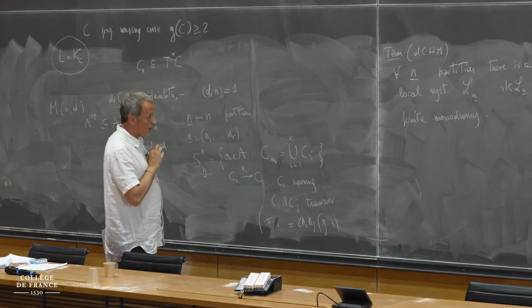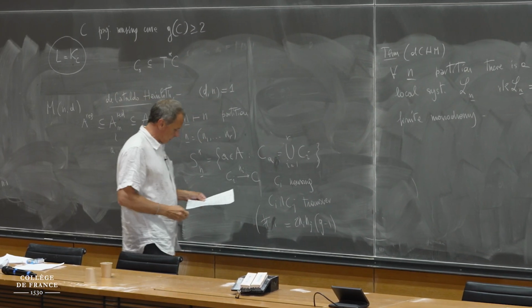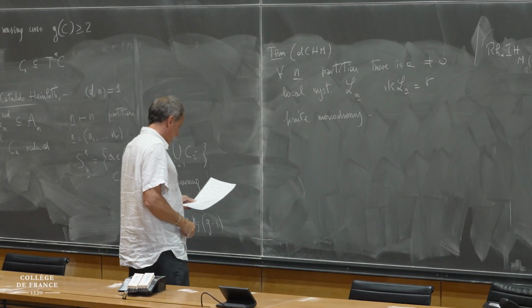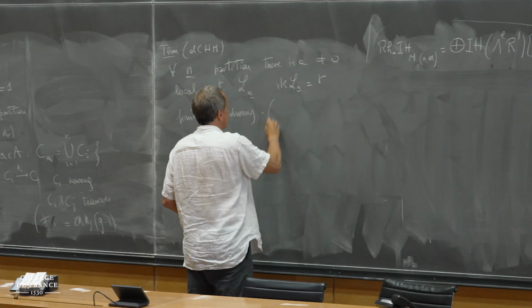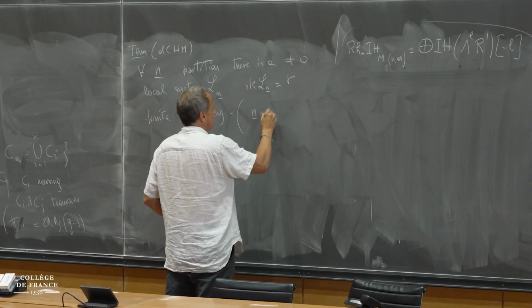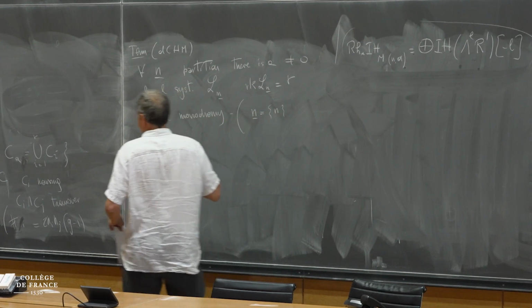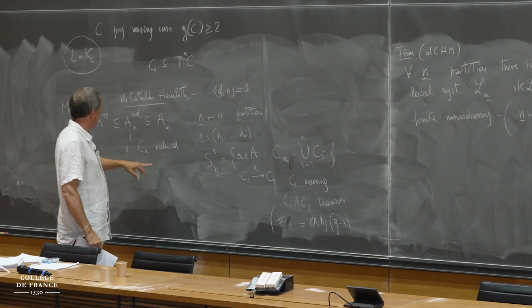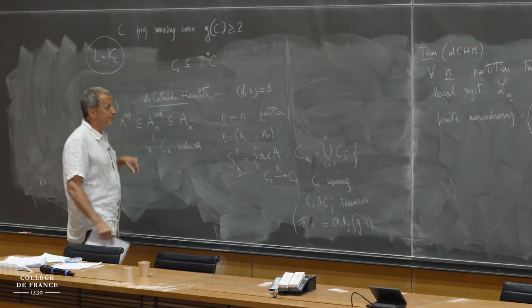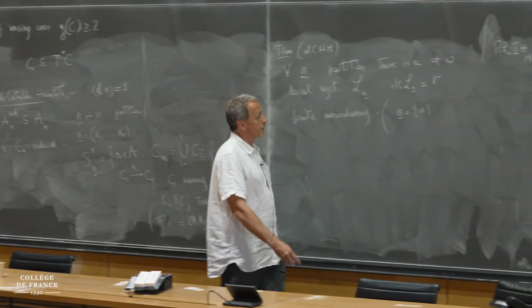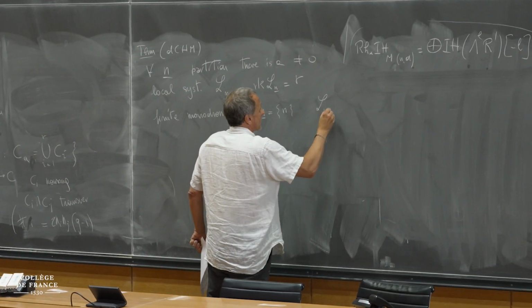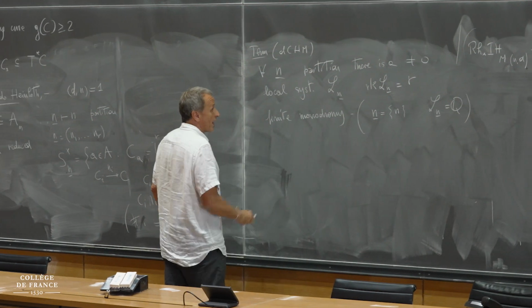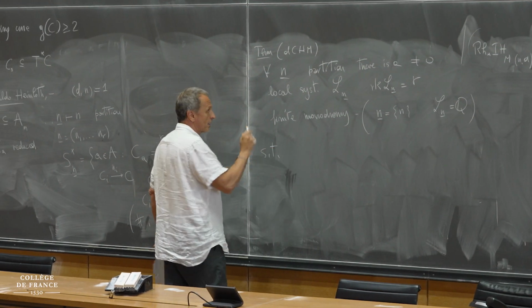I'll say later what the monodromy is. If n is the trivial partition, then this S_n is the regular locus, and this L_n is just the constant sheaf.